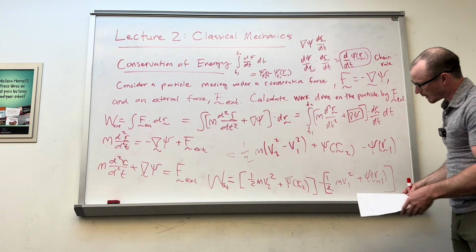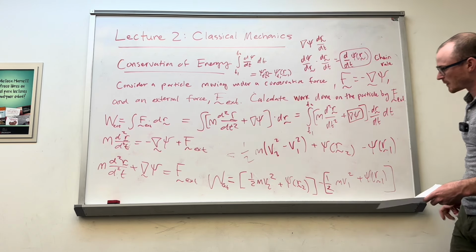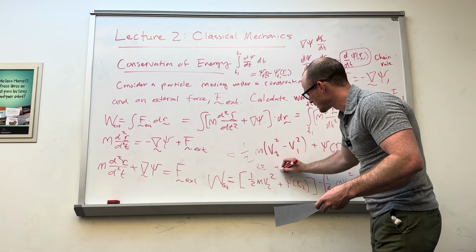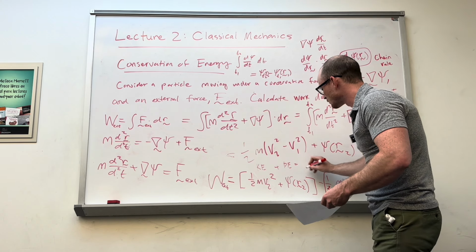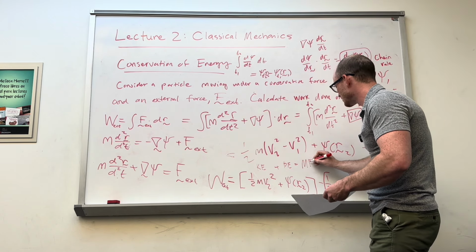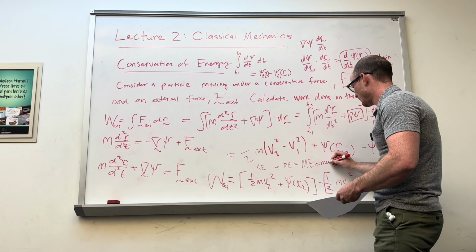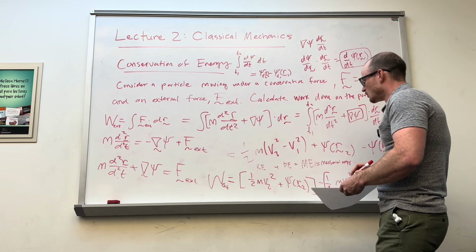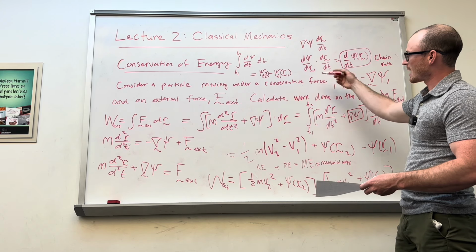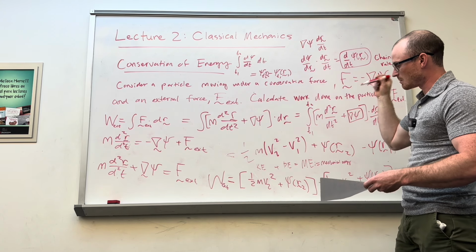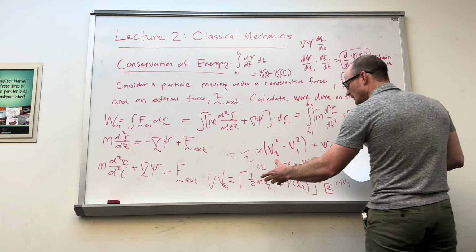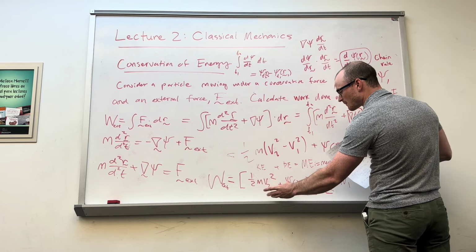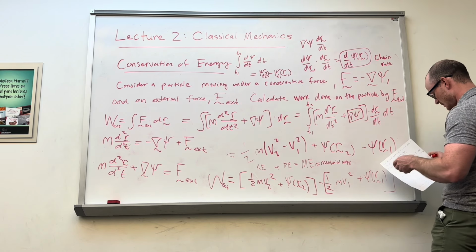Now, by grouping like terms like this, we're actually going to create a new definition. We're going to say that the kinetic energy, KE, plus the potential energy is equal to the mechanical energy, ME. So essentially, if there's some external force that's impacting the system, the change in the energy of the system is going to be related to the difference in the mechanical energy at the final state minus the initial state.